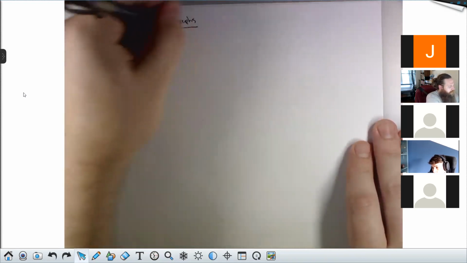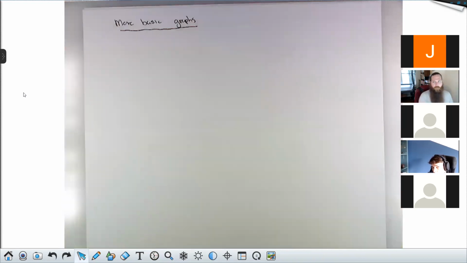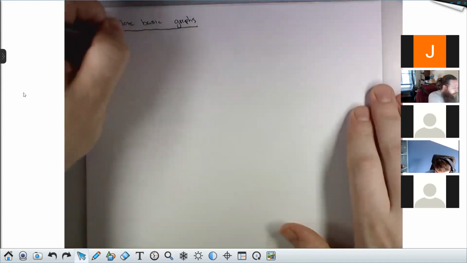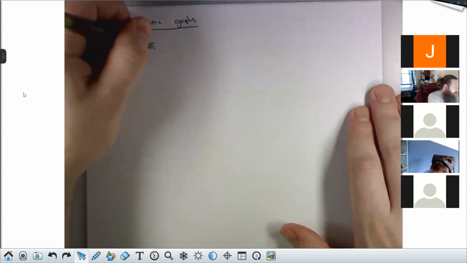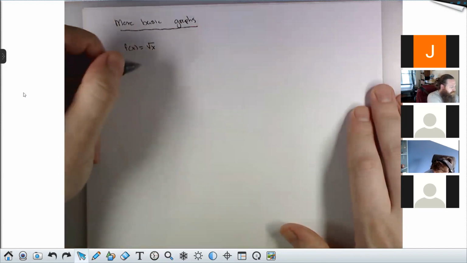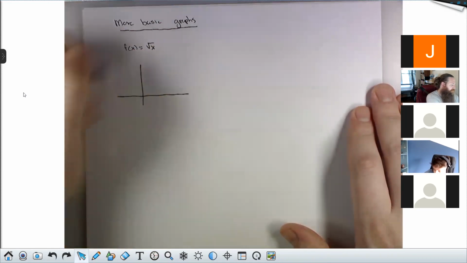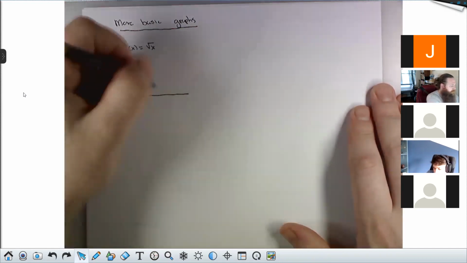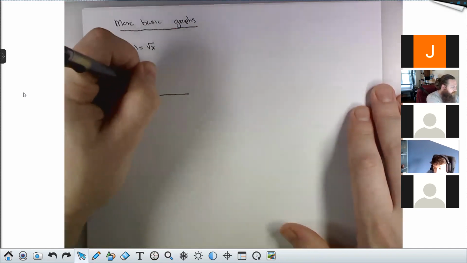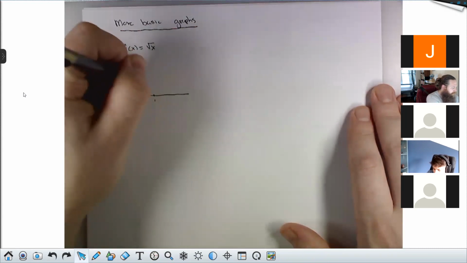It's critical that you remember these because later we're going to be building more complicated functions by shifting these around, stretching them out, flipping them over, that sort of thing. The square root function has a graph that looks like half of a sideways parabola.